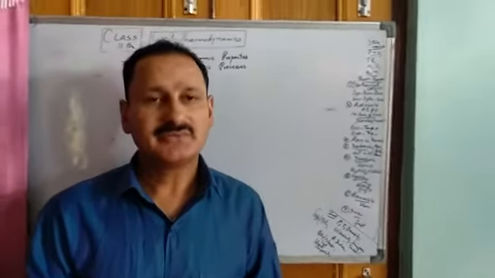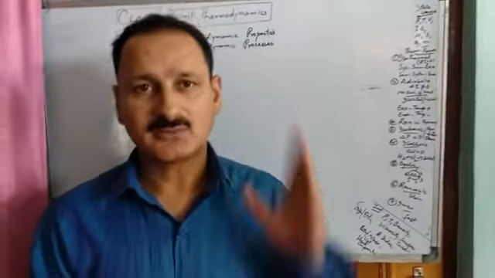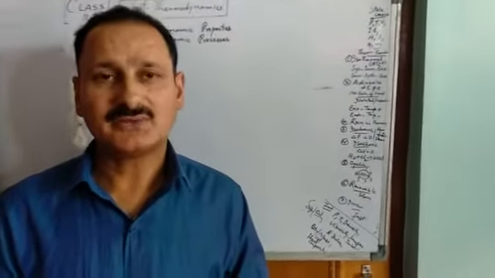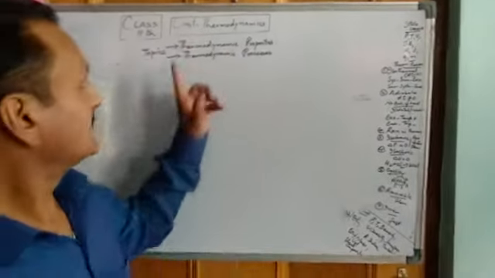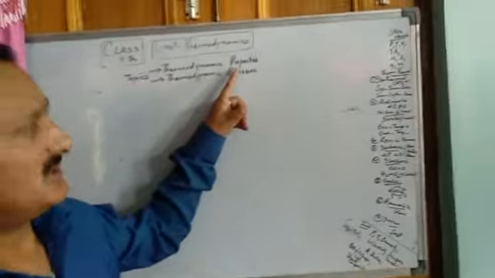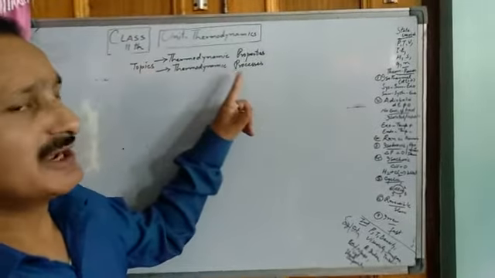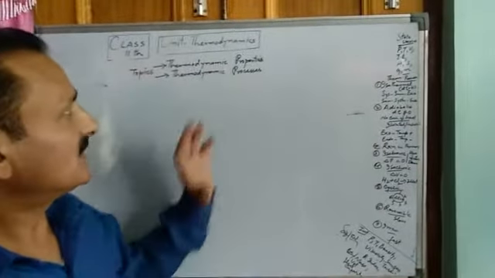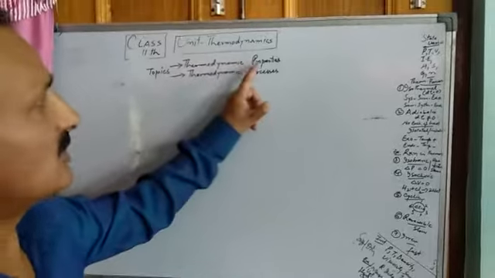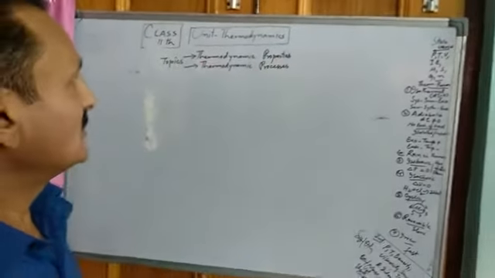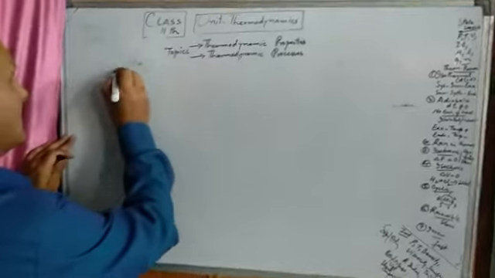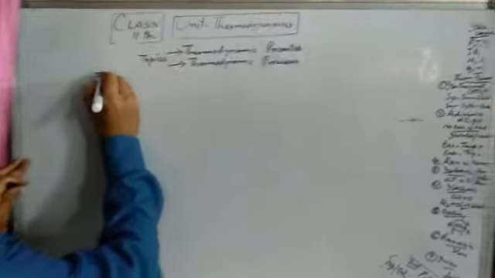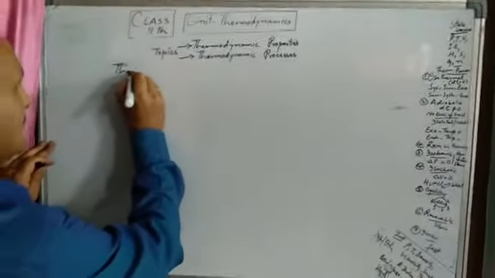So continuing with the unit of thermodynamics, students of 11th class, today's topic for you is thermodynamic properties and thermodynamic processes. First, let me come to thermodynamic properties. There are two types of thermodynamic properties.